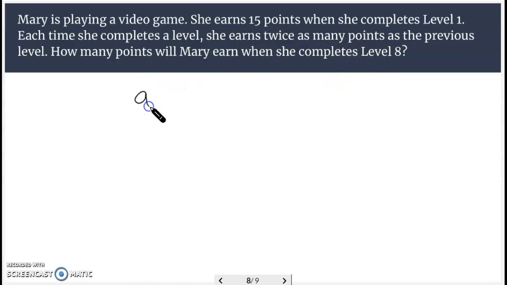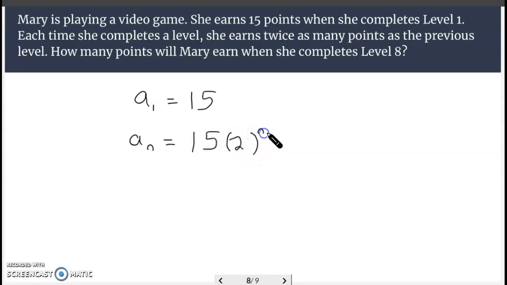All right, so here's our first level. She gets 15. Think of this as an exponential or geometric sequence. The nth level, 15, and every time it doubles, 2, but we raise that to the power of n minus 1, just like before.